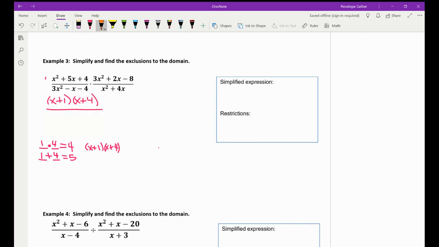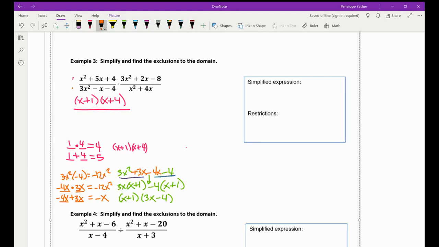Then we'll move on to the denominator of that problem, 3x squared minus x minus 4. And once we've done our split the middle factoring by grouping, we end up having the terms x plus 1 and then 3x minus 4.